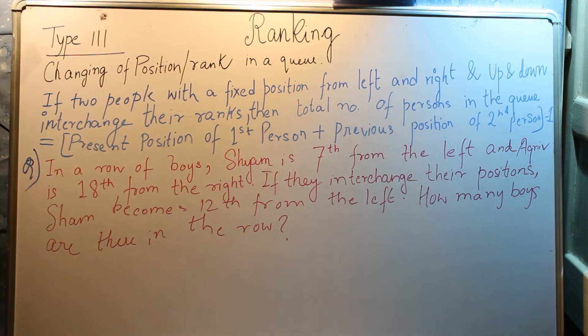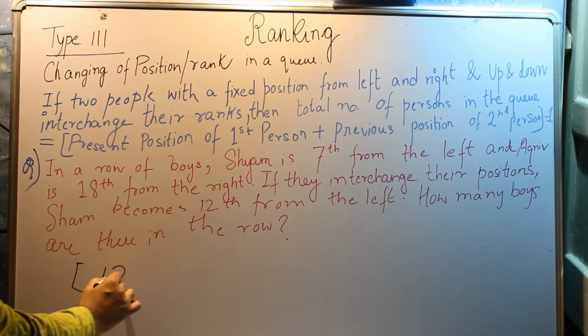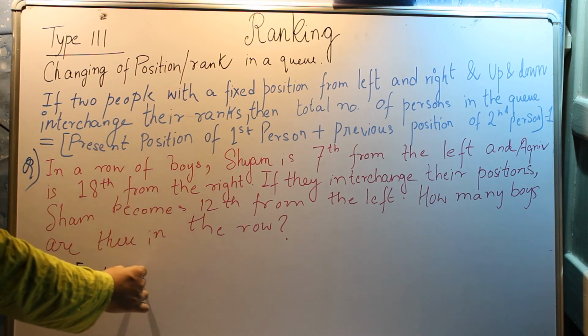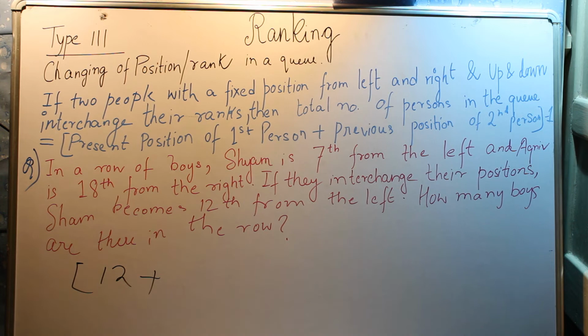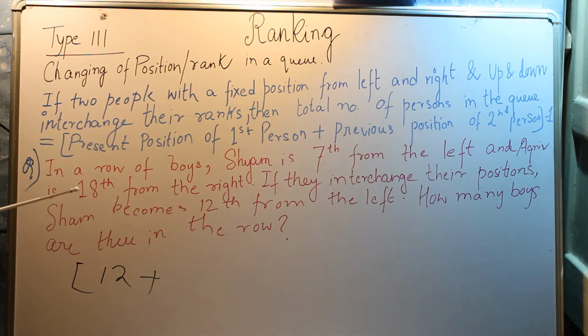Using this formula, the present position of the first person, Sham, is 12th from the left, plus the previous position of the second person, Ognif, which was 18th, minus 1.